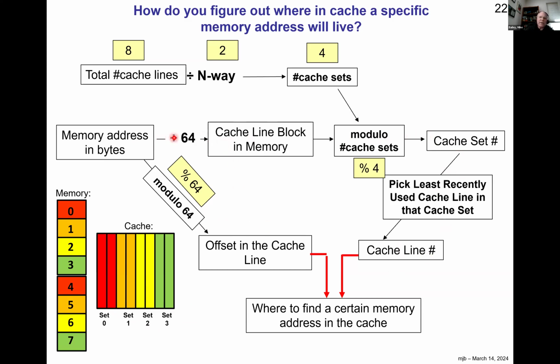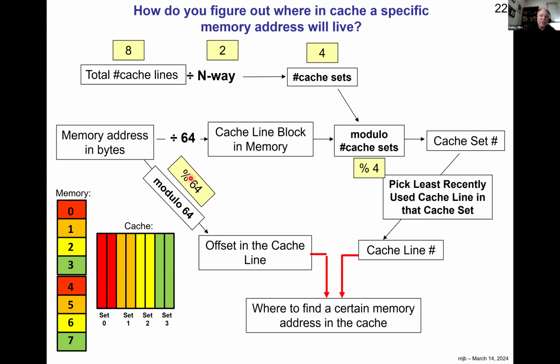Now, we're bringing in 64 bytes. You can tell where a cache line in memory starts because the bottom 6 bits in the address are all zeros. Cache lines start whenever the bottom 6 bits of the memory address are all zeros.